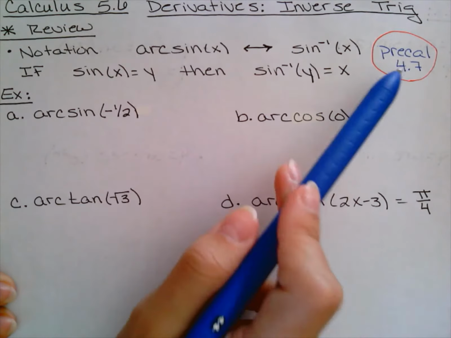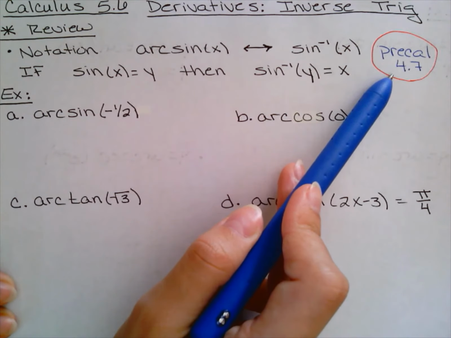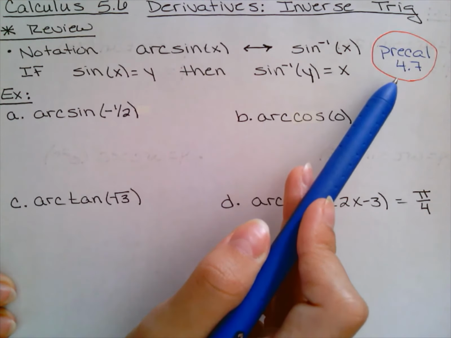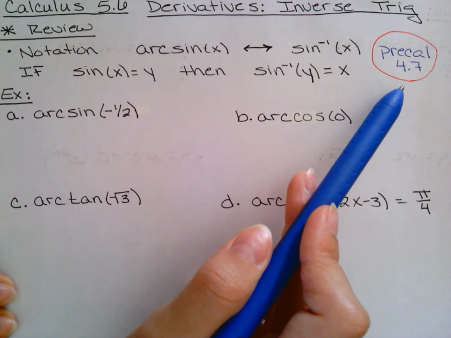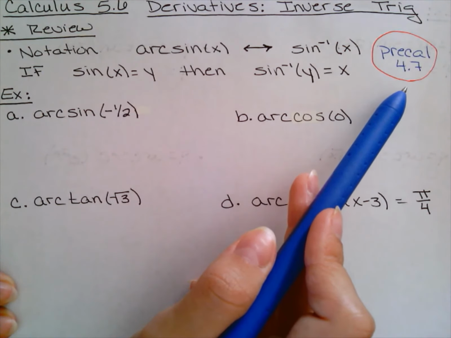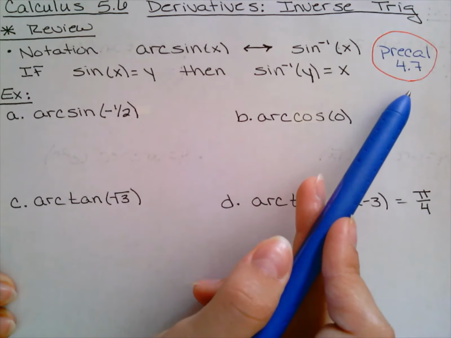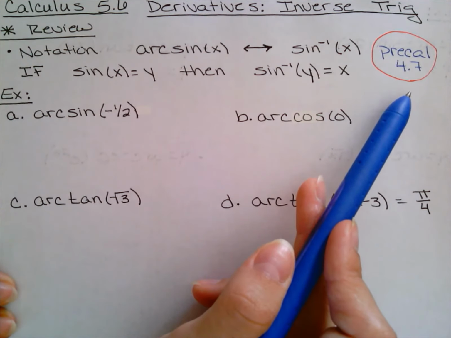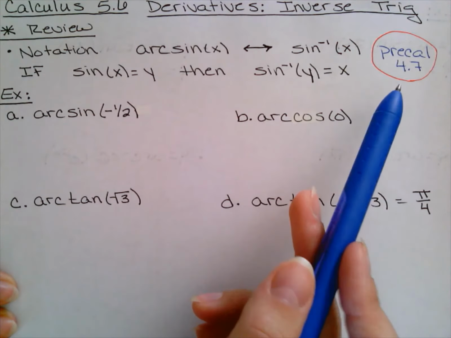Now, a quick recap from this 4.7. For sine and tangent, we look at the right side of the unit circle, and for cosine, we look at the top, okay? So if you need to pause the video and take out a unit circle, Google it really quick. That is going to make your life a lot easier. I hope if you're in my AP class, you have your unit circle memorized, okay?